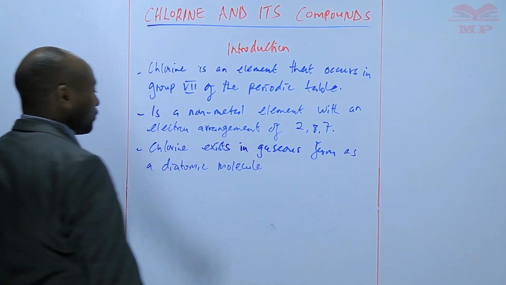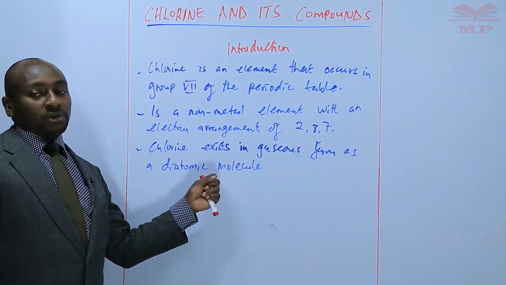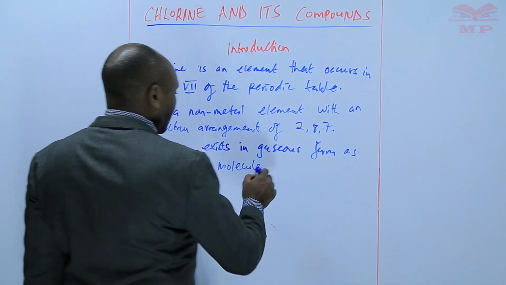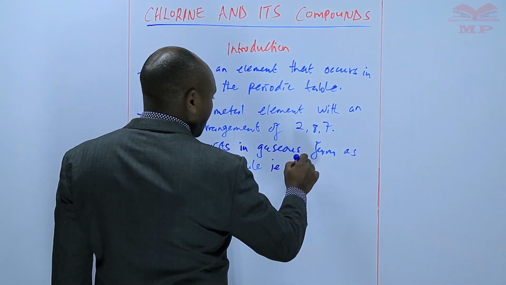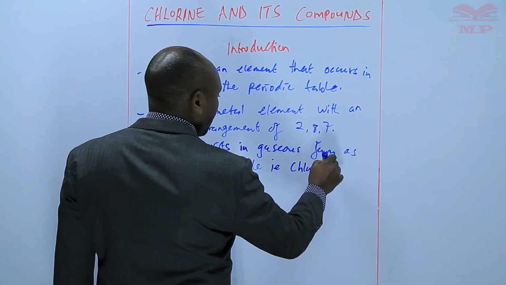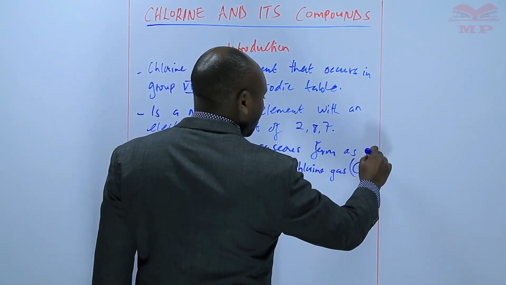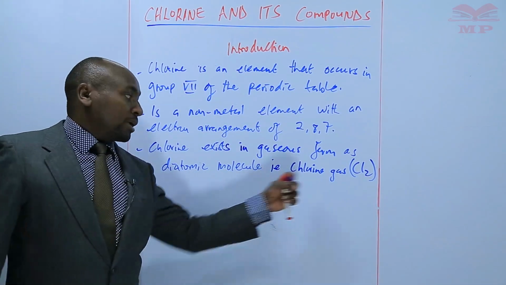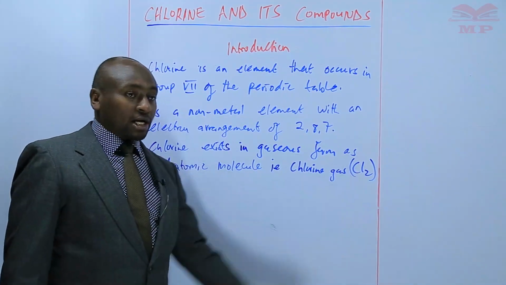That is a molecule that is made of 2 atoms. So a diatomic molecule is a molecule that is made of 2 atoms. And that's why we write the formula for chlorine gas as Cl2, showing that it exists as a diatomic molecule, a molecule that is made up of 2 atoms.